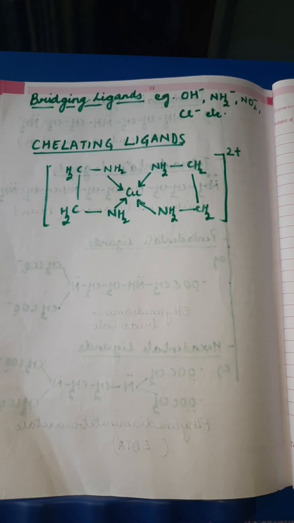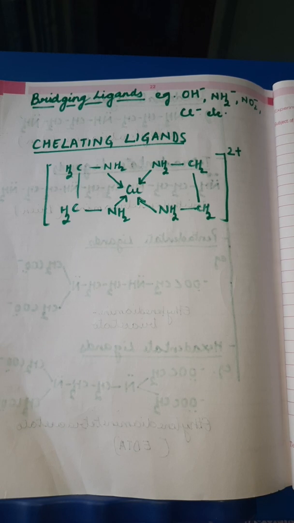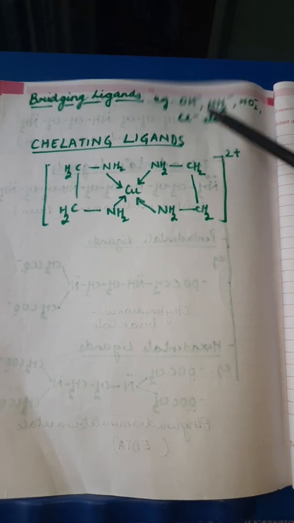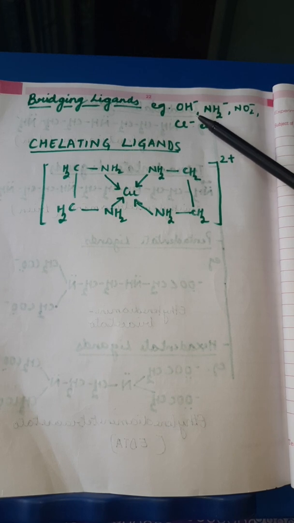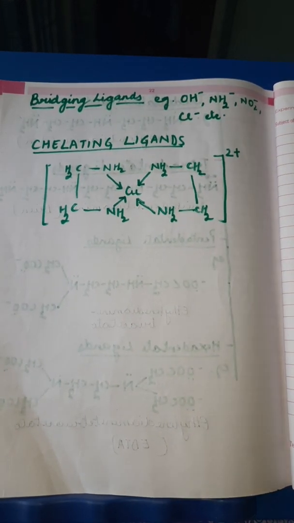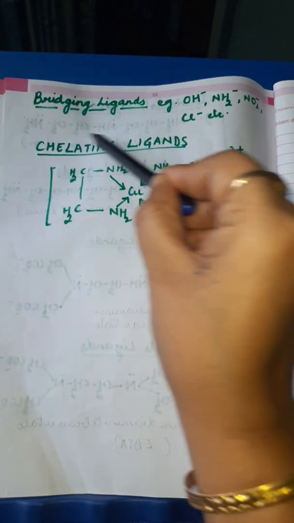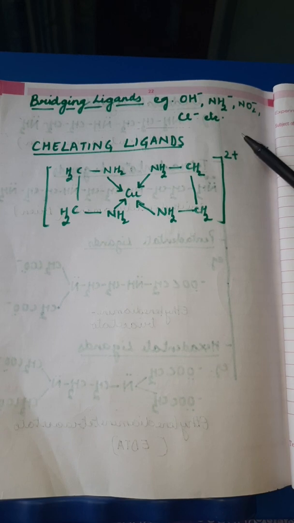Once again I'll repeat: bridging ligands are actually monodentate ligands, but they can simultaneously attach themselves to more than one metal ion. I have written here a few examples of such bridging ligands: OH minus, NH2 minus, NO2 minus, Cl minus and many more. So these were the ligands on the basis of their denticity.